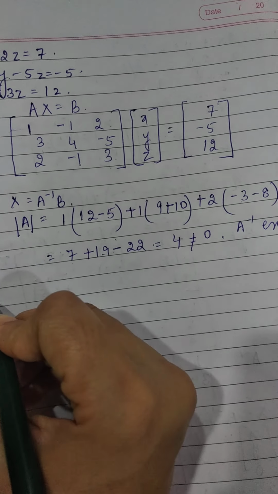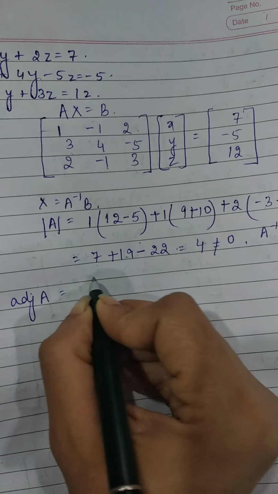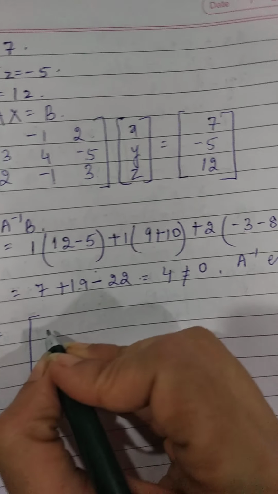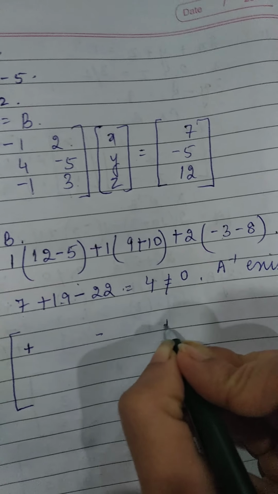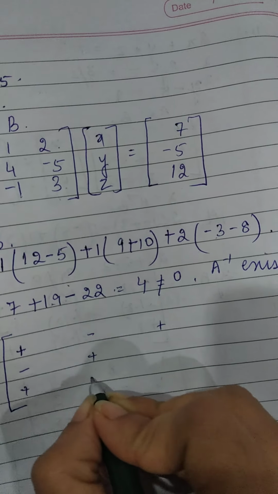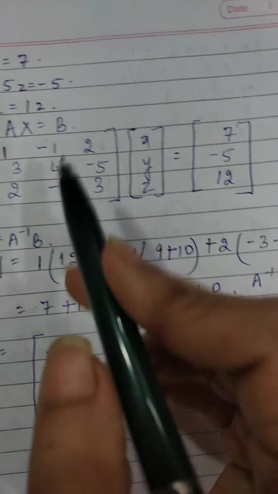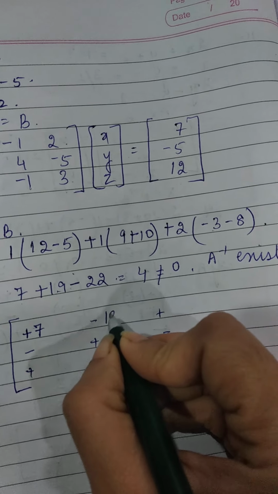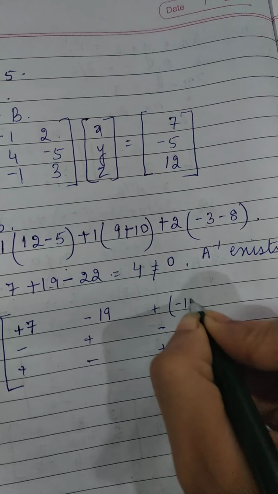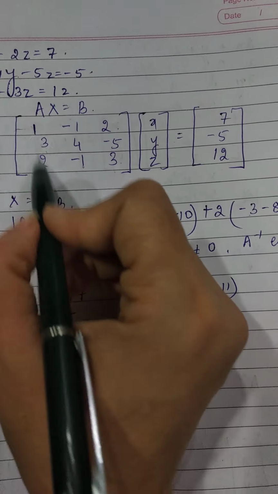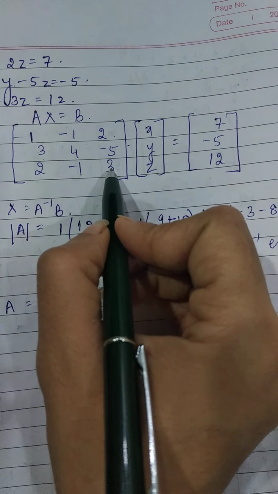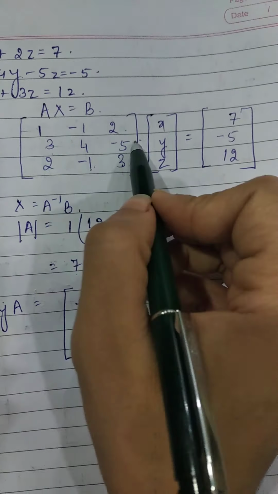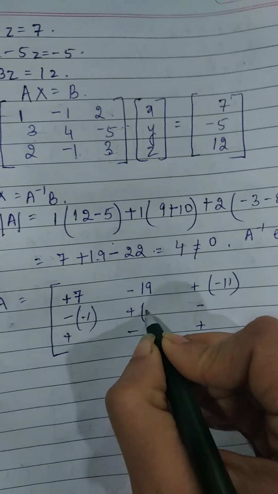So the next step would be to find the adjoint of A. Remember, find the positional values. So the signs will be positive, negative, positive. For these, it will be 7, 19, and minus 11. Let's find the rest. Minus 3 plus 2, that's minus 1. Likewise 3 minus 4 is minus 1.